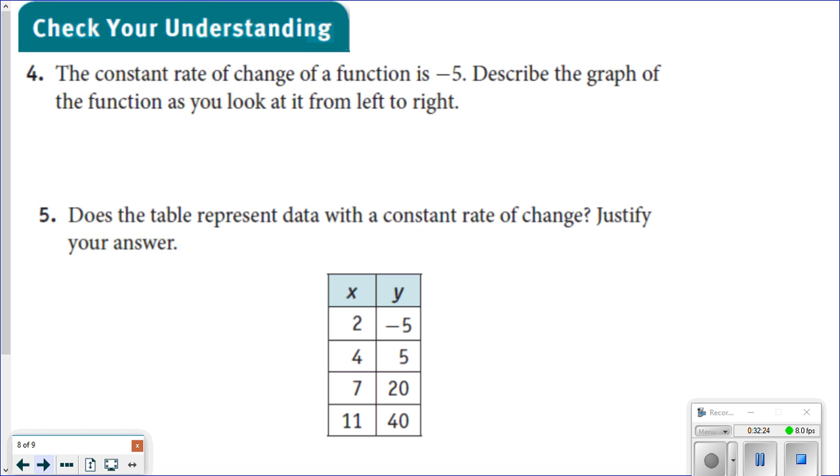Question 4. The constant rate of change of a function is -5. Describe the graph of a function as you look at it from left to right. Go ahead and answer that question on your own.